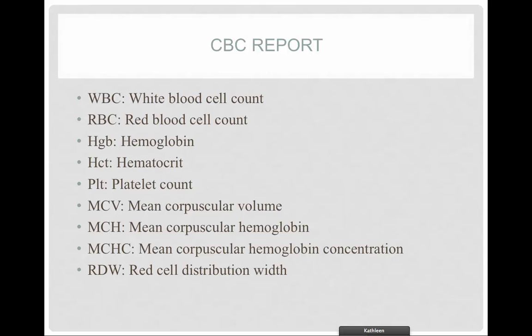Decreased MCHC values, hypochromia, are seen in conditions where the hemoglobin is abnormally diluted inside the red blood cells. These are conditions such as iron deficiency anemia and thalassemia.